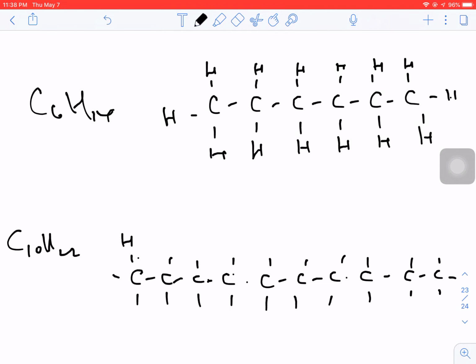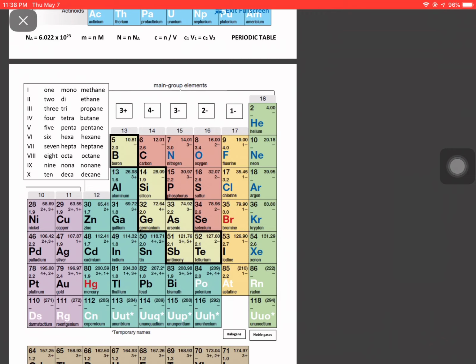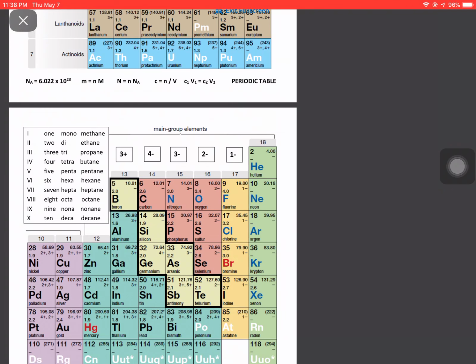So back on the periodic table again, you'll see that I have for you methane, carbon 1, carbon 2, carbon 3. So it says 1, 2, 3, 4 up to 10, and this is methane up to decane for C1, C2, C3, C4, C5, pentane, C7, heptane, C9, nonane, C10, 10 carbons, decane.